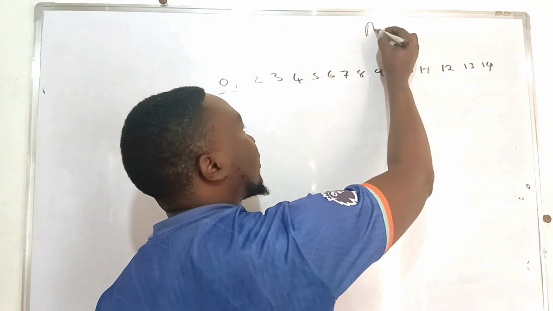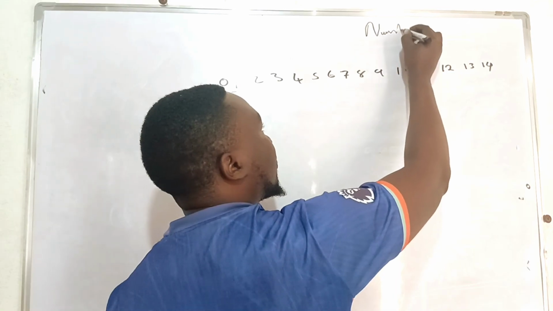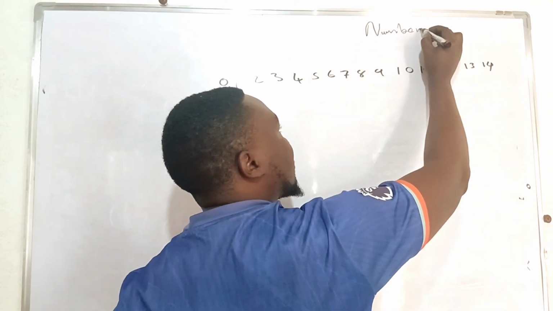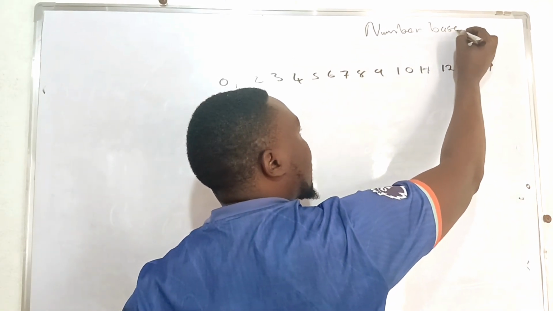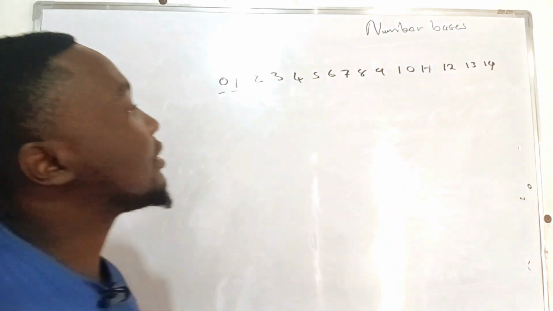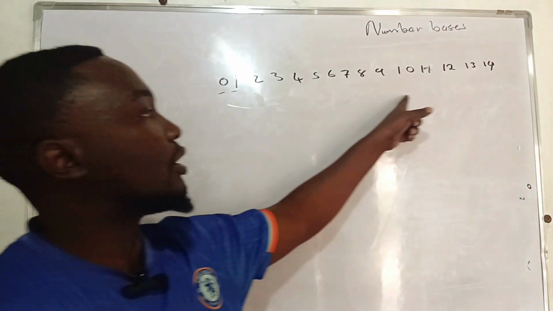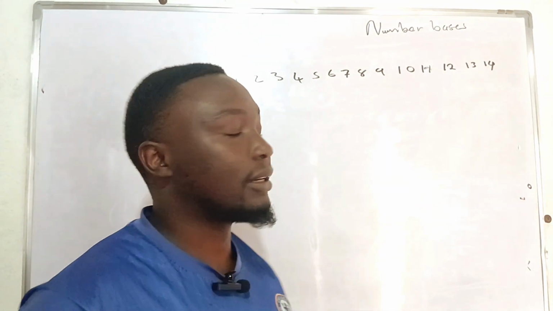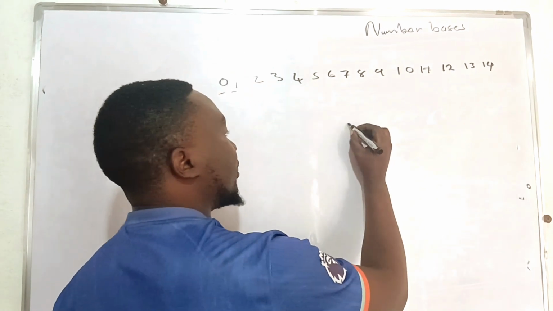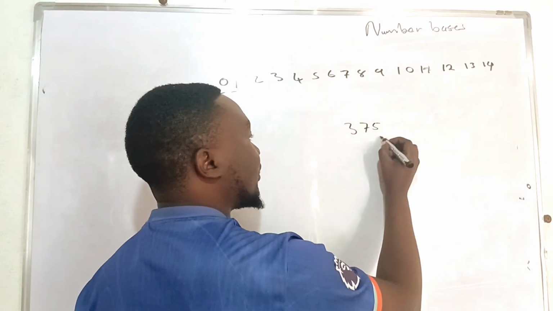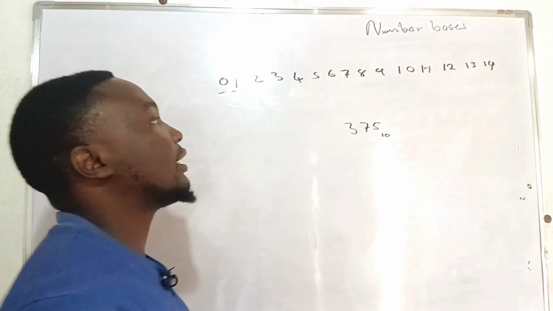Right, the topic: number bases. We're used to counting in base 10. So whenever you see a number, maybe 375, there is a base 10.